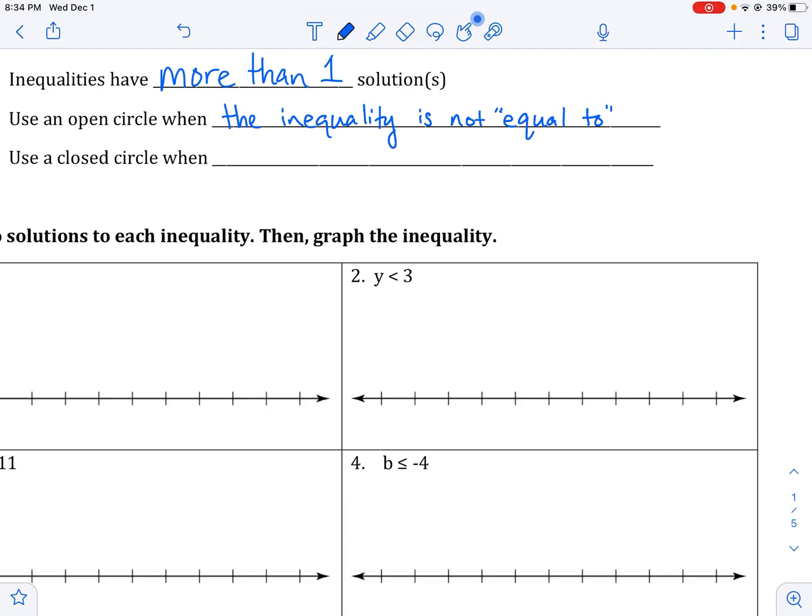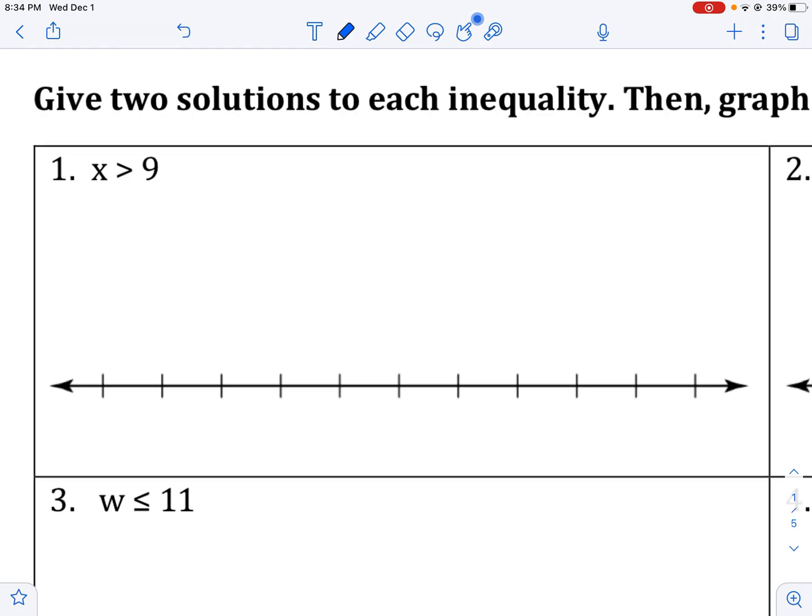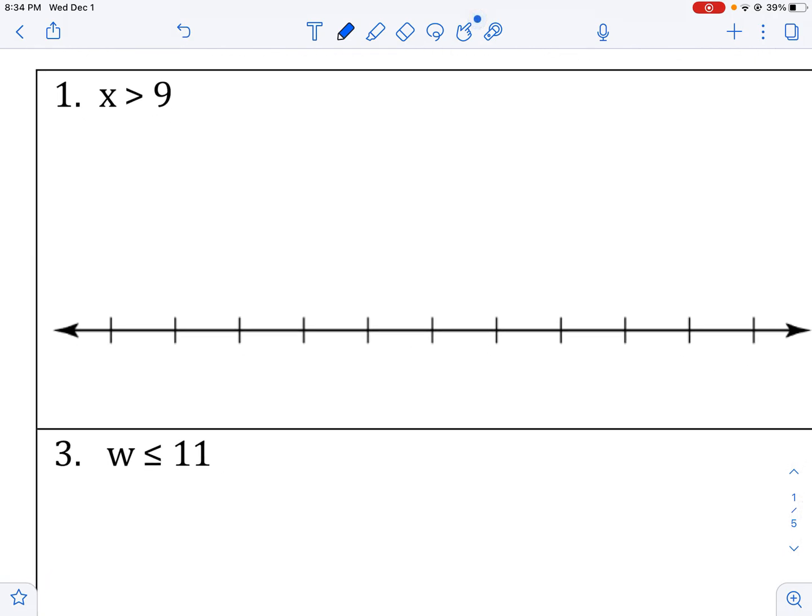And I would use a closed circle when it is equal to. So not equal to would look like those two symbols. And the equal to problems have the bar underneath your inequality symbol. So graphing inequalities would look like this.